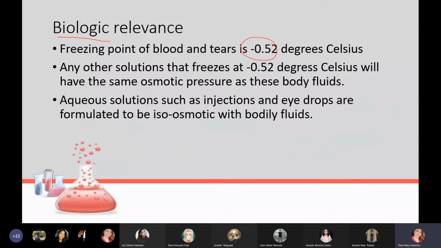It means that isotonic sila, wala sila ga-cause ang any change sa aton cell, wala sila ga-cause ang more solute or more water to get in or out of our cell. So what happens is that they are isotonic, and basically, kung isotonic ako, usually magtakos sila, negative 0.52 gid ang aton niya freezing point.